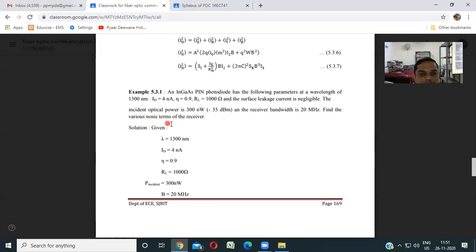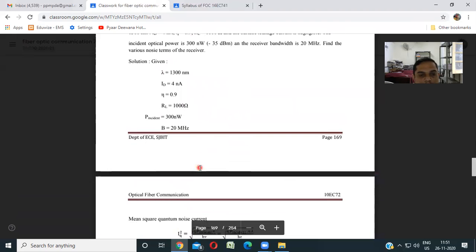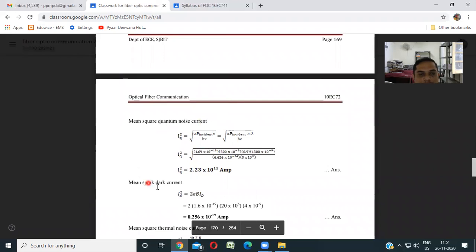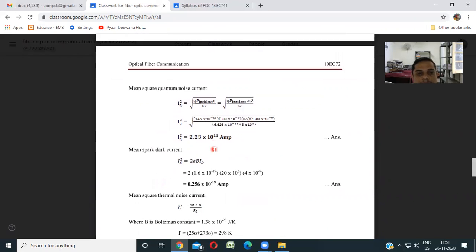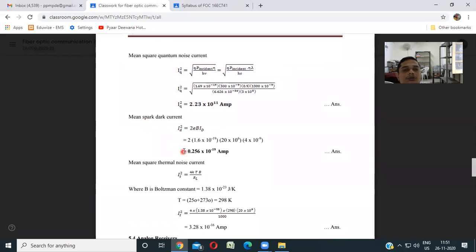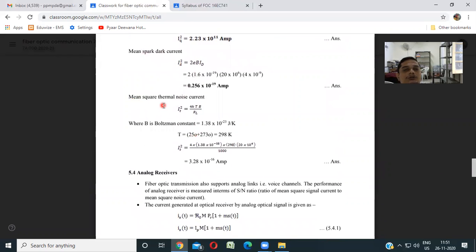Find the various noise terms of the receiver. These are the parameters given. So the solution: put here in this equation. The mean dark current is given by this, and the mean square thermal noise current IT square is given by this equation. Where kB is the Boltzmann constant, if you substitute here, we get 3.28 times 10 to the power of minus 16 amperes.